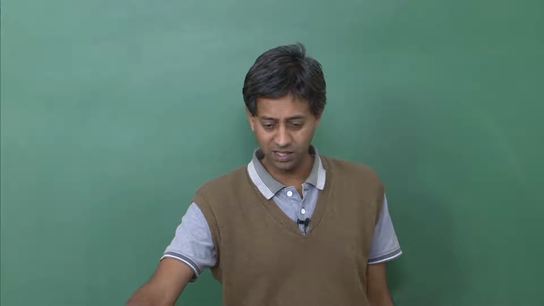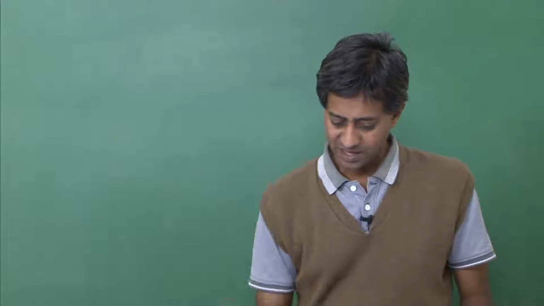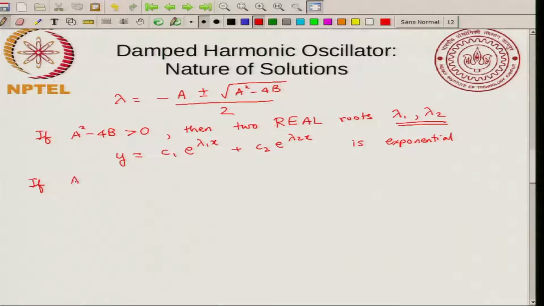Now if a square minus 4b is less than 0, then we have two complex roots. I will just call the two roots lambda 1 equal to lambda real plus I times lambda imaginary. Lambda I is the imaginary part, which is the second part of this solution.